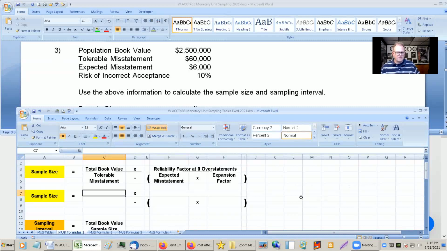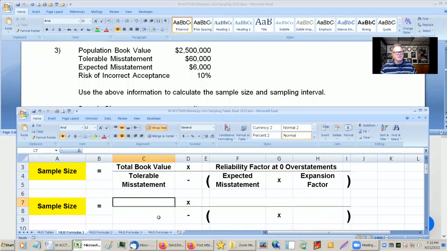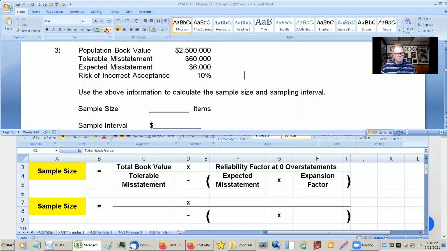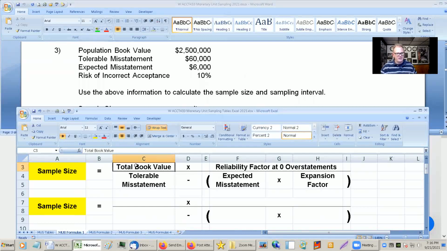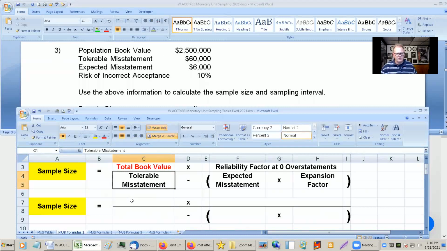Now, you don't have to use this; if you want to do it by hand, that's fine too. But this is in the Excel handout. So for sample size, we need the total book value. So population book value is 2.5 million.